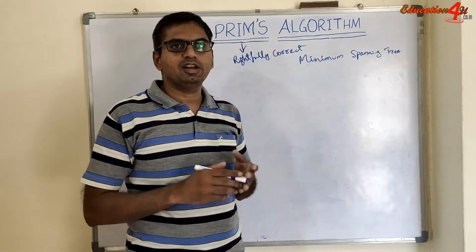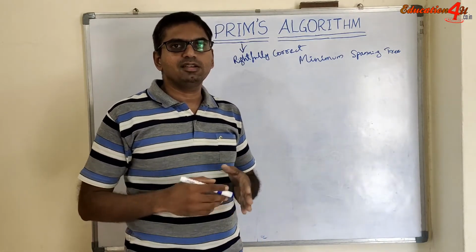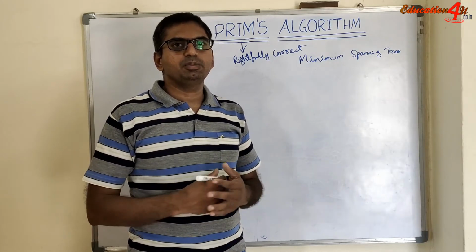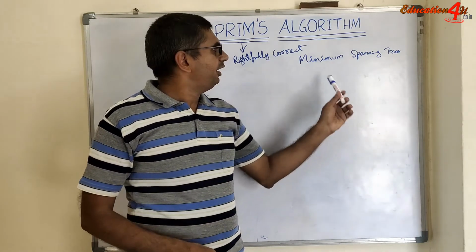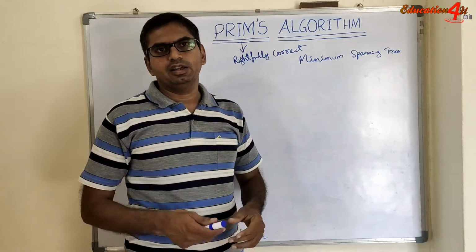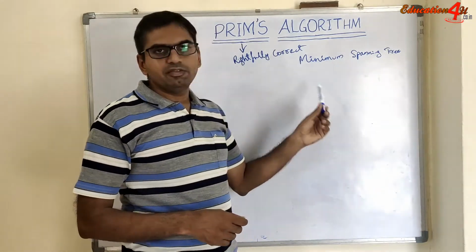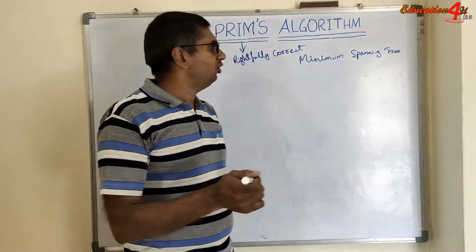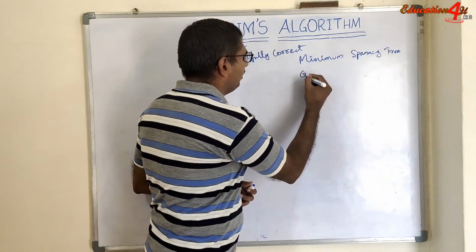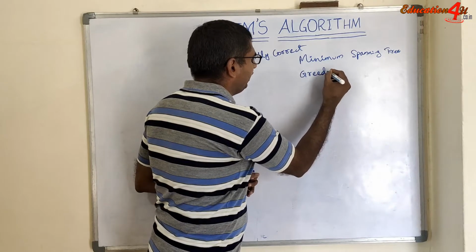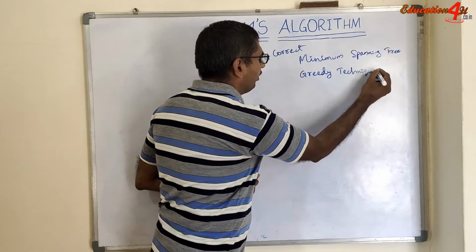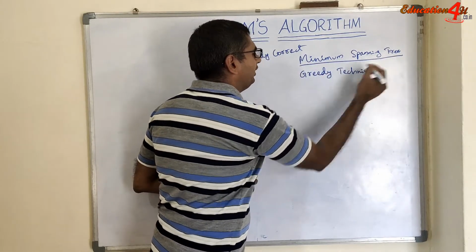One is Prim's algorithm, another is Kruskal's algorithm. These two algorithms are very famous and most important for finding minimum spanning tree. Both of these algorithms are based on greedy techniques. So with the help of greedy technique we find out the minimum spanning tree.